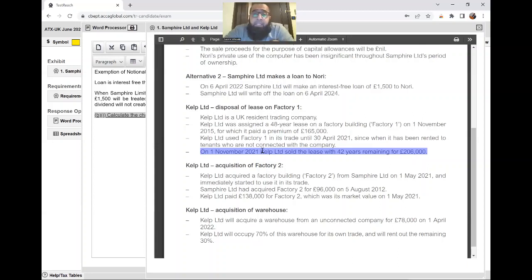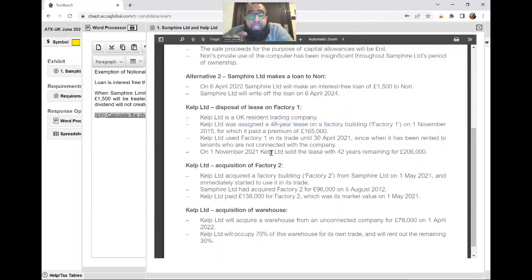Now again, this is a very basic concept. If you remember your capital gains tax, we have studied the concept of disposal of leases. The only thing we have to do is adjust the cost, because the disposal proceeds are for 42 years, whereas the cost is for 48 years. I will repeat it again. We are selling the lease, and you can refer to CGT also.